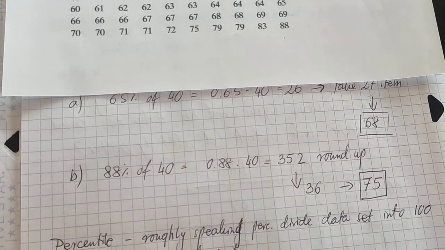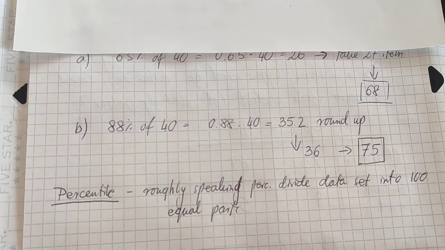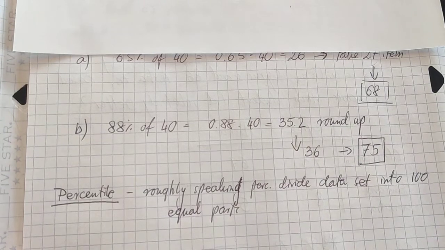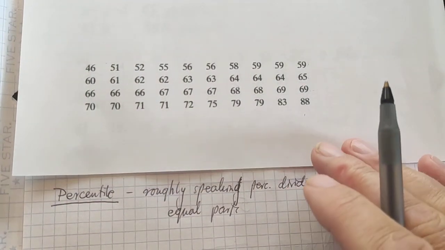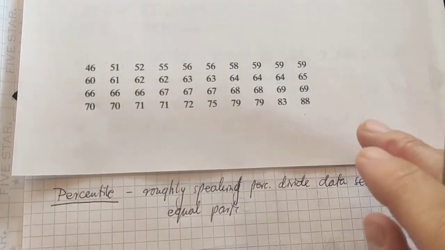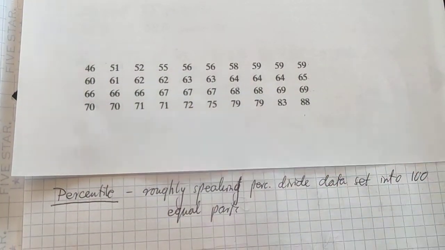Sometimes we simply don't have 100 data points. We have less data, like in this instance. We don't have more than 100 data items.